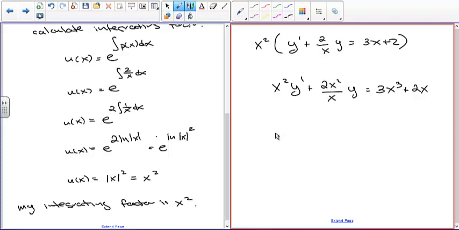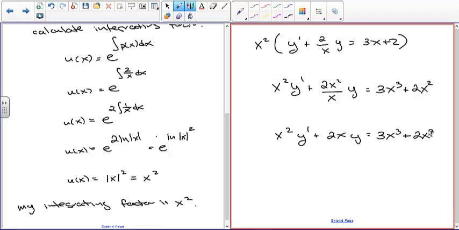But I can simplify this by canceling out one of the x's there. Okay, so all I've done is multiplied the differential equation by the same term, and yes? That last term should be 2x squared, yes, thank you. 2x squared, get rid of that, okay.